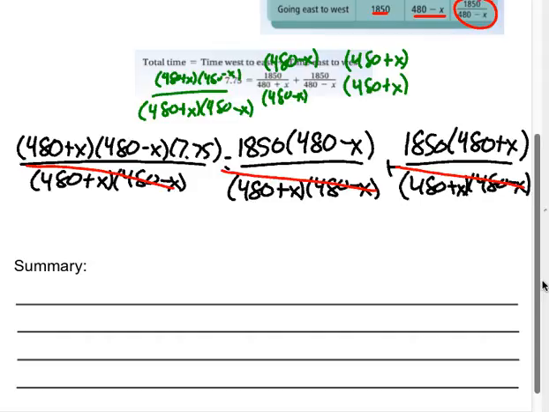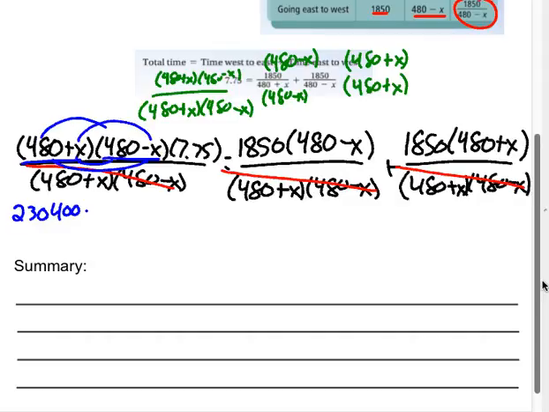So now we have to look at how in the world do we simplify that? Because that's kind of a beastly looking problem. So the first thing I'm going to do is FOIL those together. All right. So first, 480 times 480 is going to be 230,400. 480x minus 480x is gone.